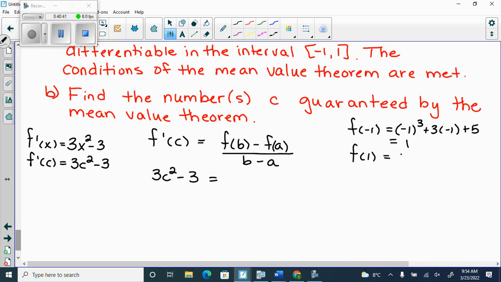Now we'll plug in the 1. So we get 1 cubed plus 3 times 1 plus 5, which is? I think that's wrong. It's minus, because negative 1. Is this a plus negative 3 sign? It's a negative.